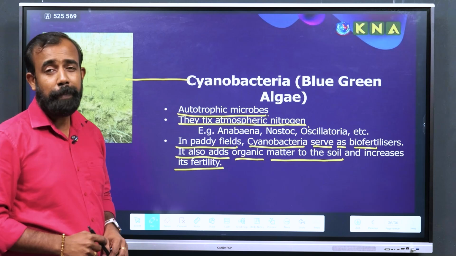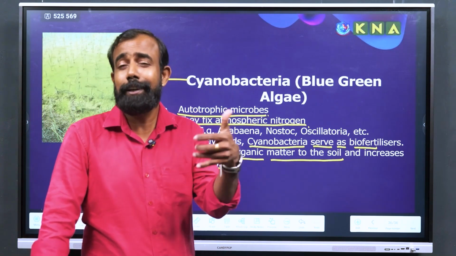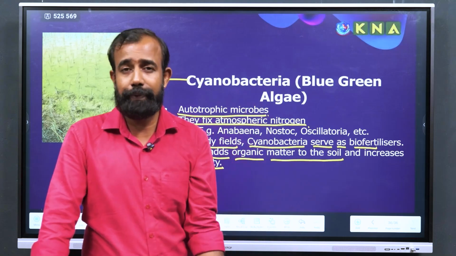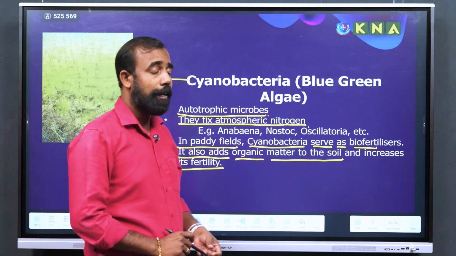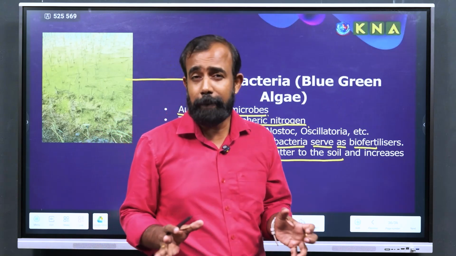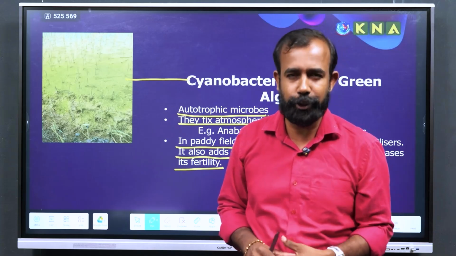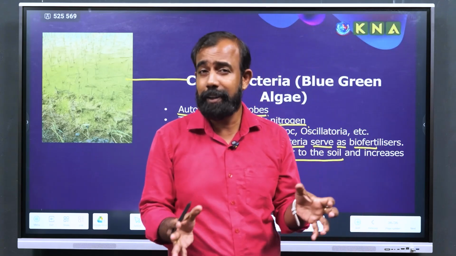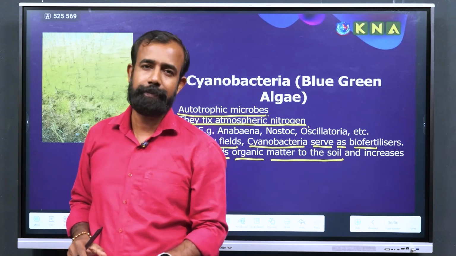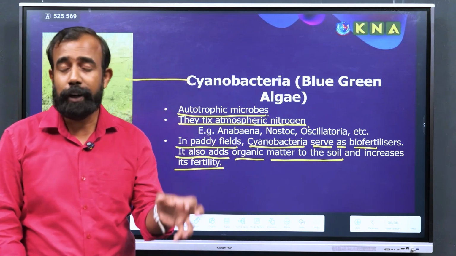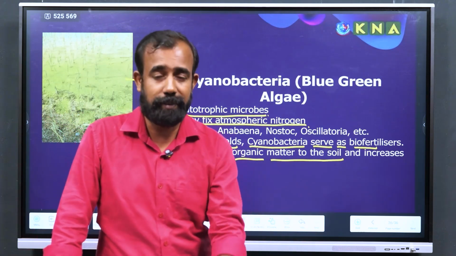Clear? So microbes are used as biofertilizers. What are biofertilizers? Organisms that enrich soil fertility are called biofertilizers. Examples are rhizobium, a symbiotic bacteria present in the root nodules of leguminous plants, which can fix atmospheric nitrogen. Then free-living bacteria like Azospirillum and Acetobacter can also fix atmospheric nitrogen. And there is mycorrhiza, a symbiotic association of fungus with the root of higher plants.